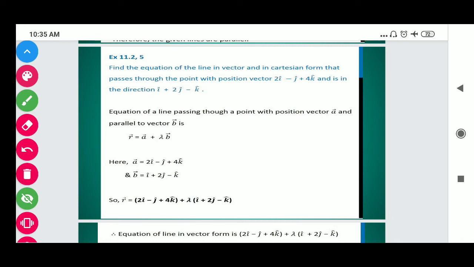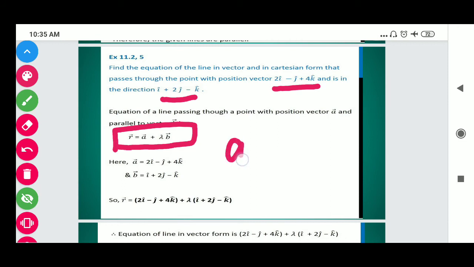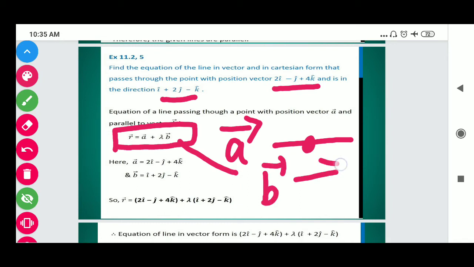Here the position vector is given and the direction is given. First of all, you should know the method to find the equation. Here r vector is equal to a vector plus lambda b vector is the equation of the line, where a vector is a vector that lies on the line and b vector indicates the direction of the line.